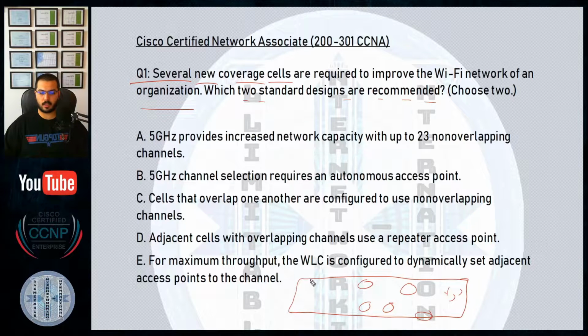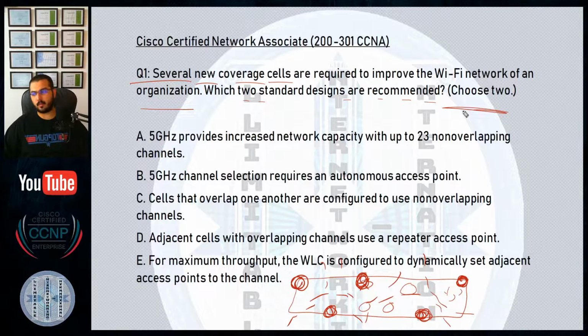So maybe you'll need to add some more cells, like in this place. Maybe this one is not really working correctly, so you'll need to add this one here, and this one, and maybe this one in the corner, so that will cover the entire area using the Wi-Fi. So we need to choose two recommendations from the design perspective to improve the coverage.